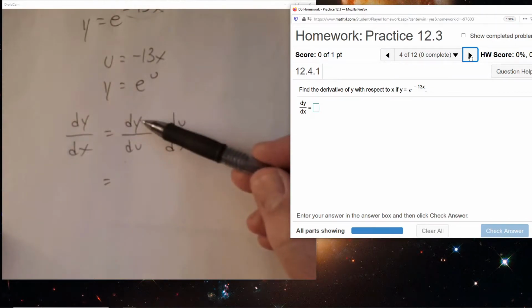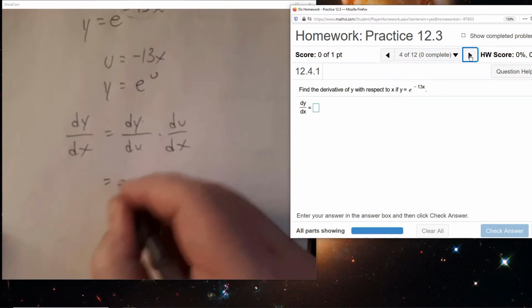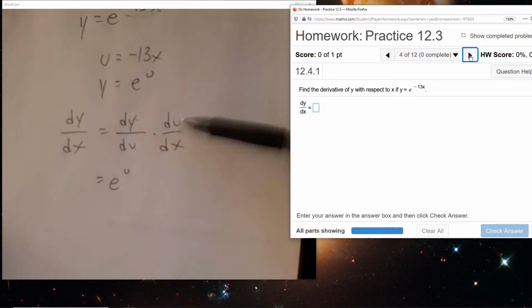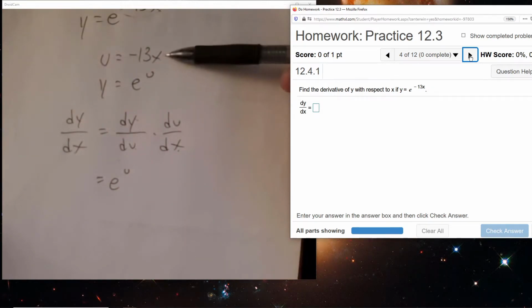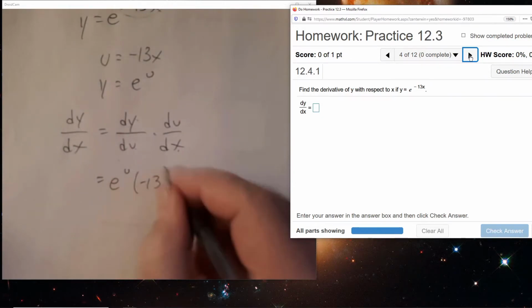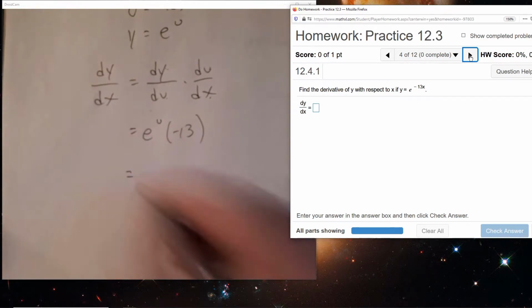The derivative of y with respect to u. Here's y. The derivative of y, e to the u, is itself. And then du dx, the derivative of u with respect to x, here's u, we'll take the derivative, and that's our answer.